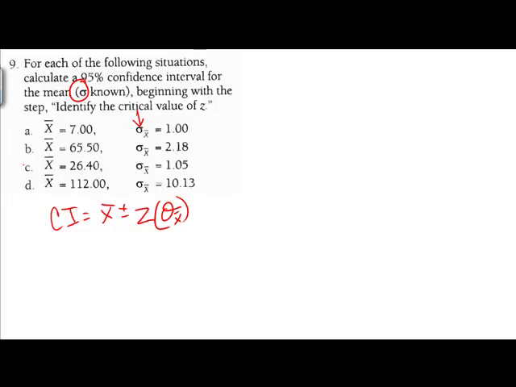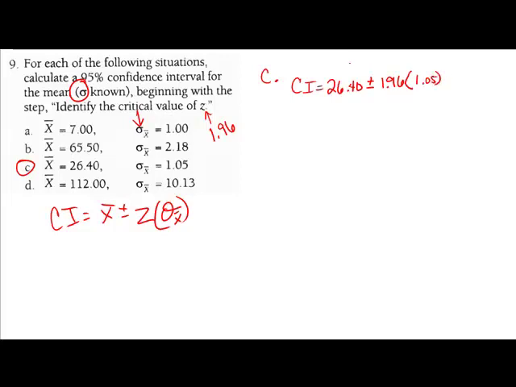Let's just go ahead and do 9c. Critical value of z for 95% confidence interval is our magic number of 1.96. So for c, the confidence interval equals x bar, which is 26.40, plus and minus 1.96 times 1.05.